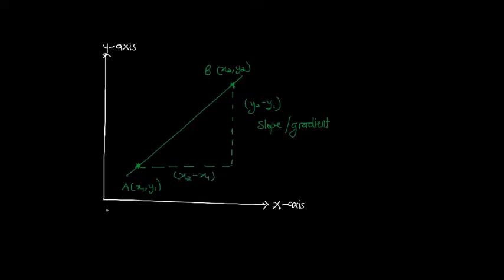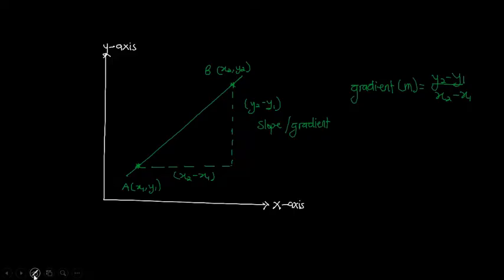Now if we find the ratio of the change in the vertical axis to the change in the horizontal axis, that gives us our slope or our gradient. So our gradient, which we denote by m, is equal to the change in the y-axis, so we have y2 minus y1 over x2 minus x1. So this becomes the equation for finding the slope or the gradient of a line.